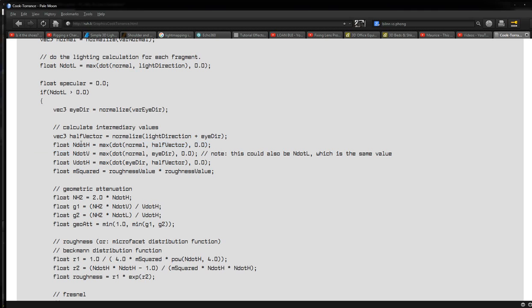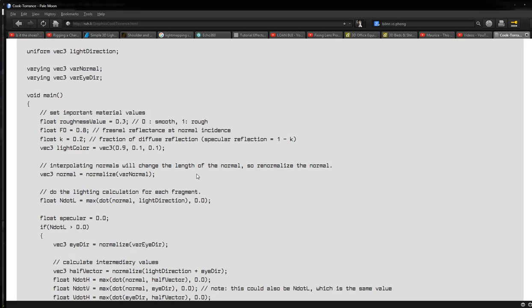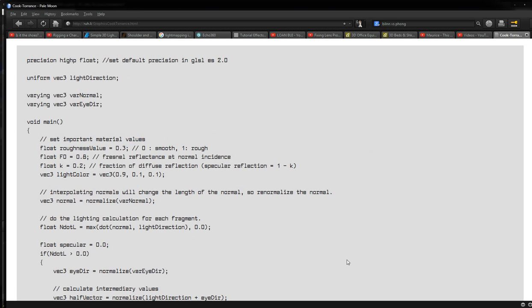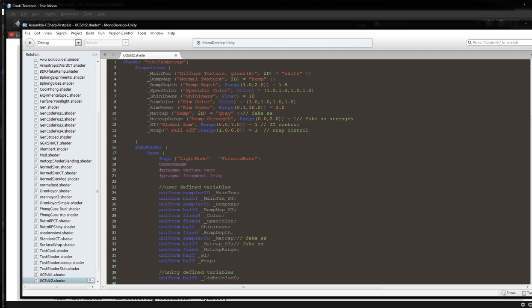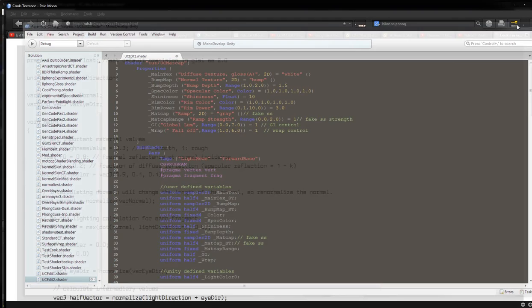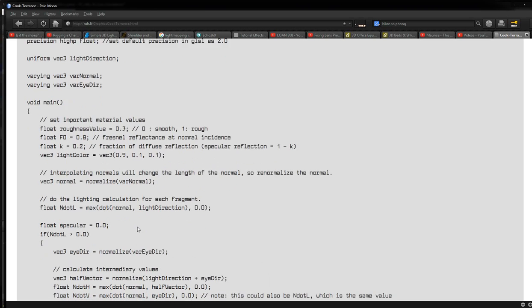We do a half vector dot product of normal vector, a normal vector dot product view direction, a view direction dot product the half vector, and then we want to square the roughness value, which is going to be a property at the top of the shader.